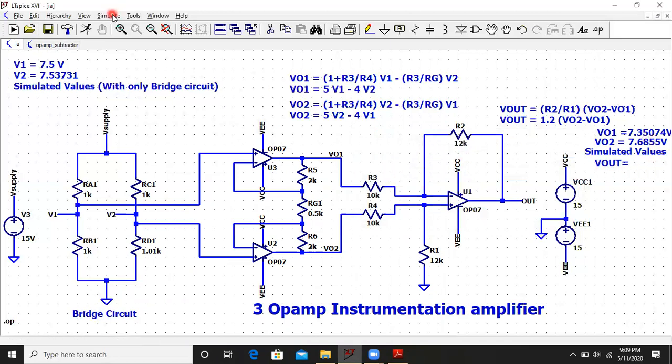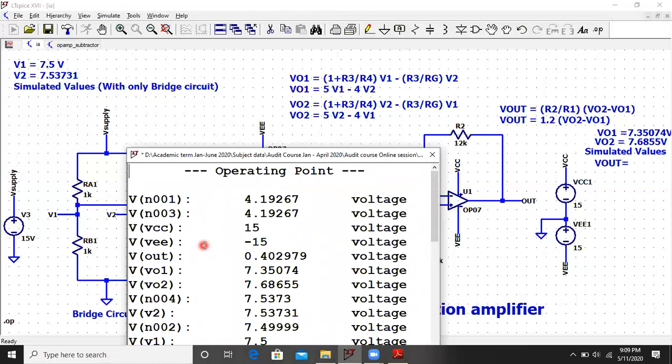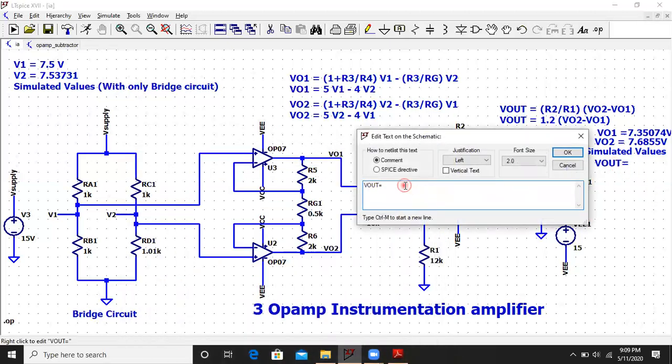And let us write the final value of Vout. And the final value of Vout is coming out to be, as you can see on your screens, 0.402979. So this is the final value. We write it over here. It's 0.402979.